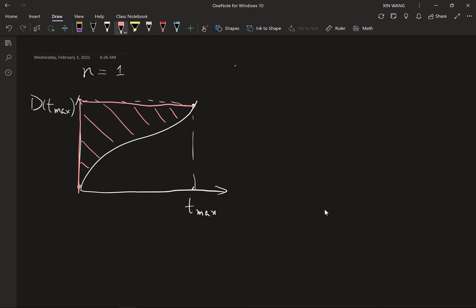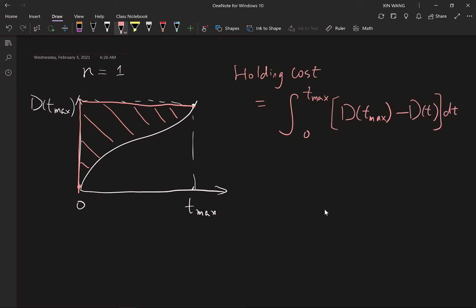The holding cost will be the integral from 0 to Tmax of dTmax minus dt, which has the physical meaning of the area of the triangle. So the optimal decision, actually our dispatch decision, is 0.